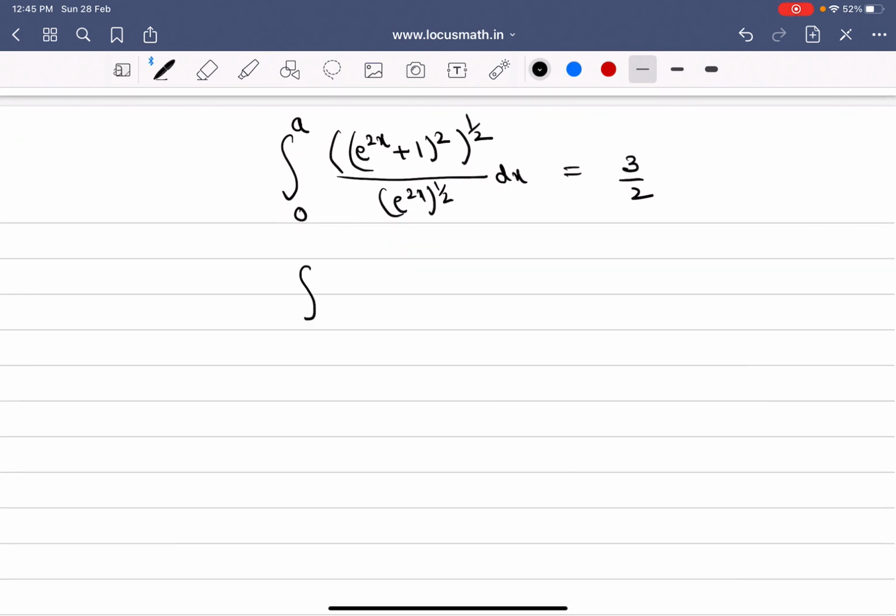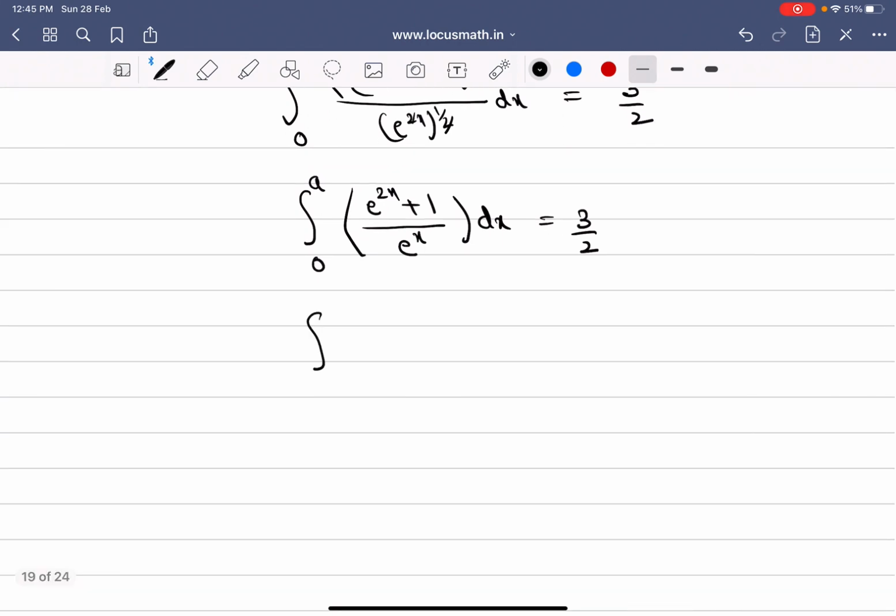Now this implies integration of 0 to a, so here 2 cancels, here also 2 cancels, this is (e^(2x) plus 1) over e^x dx is equal to 3 over 2. This implies integration of 0 to a of e^(2x) over e^x, that is e^x, plus e^(-x) dx is equal to 3 over 2.